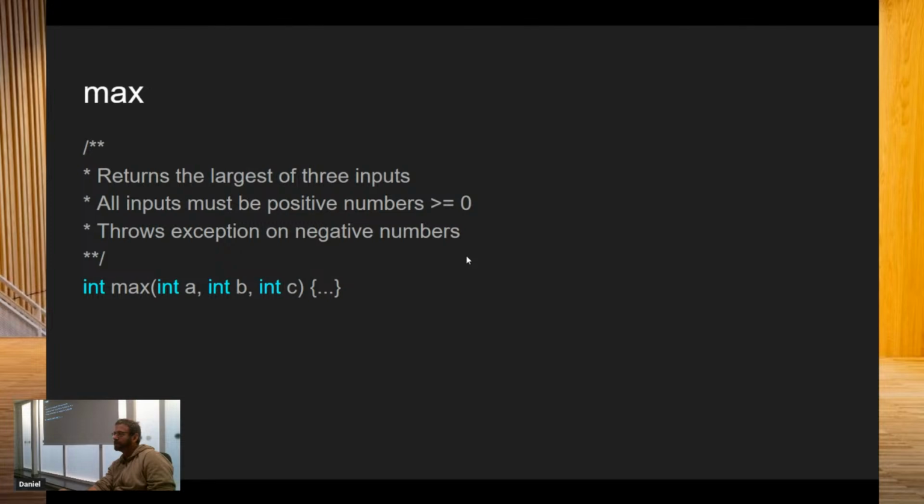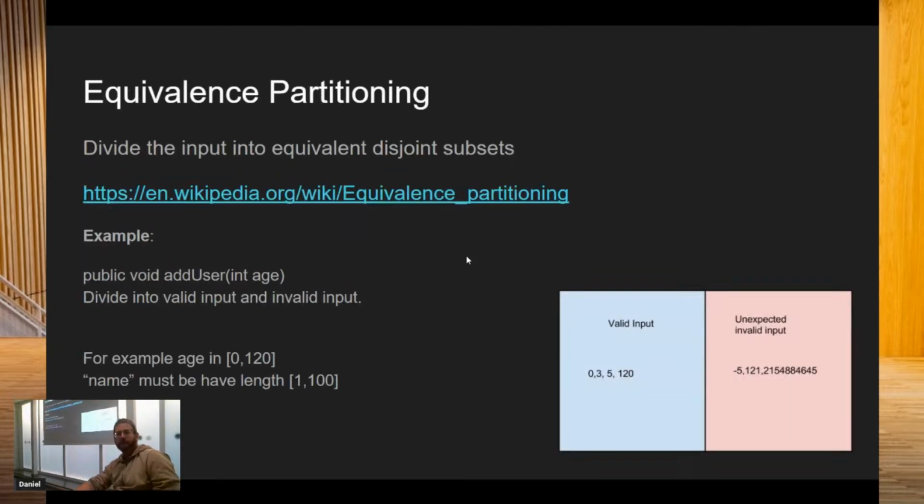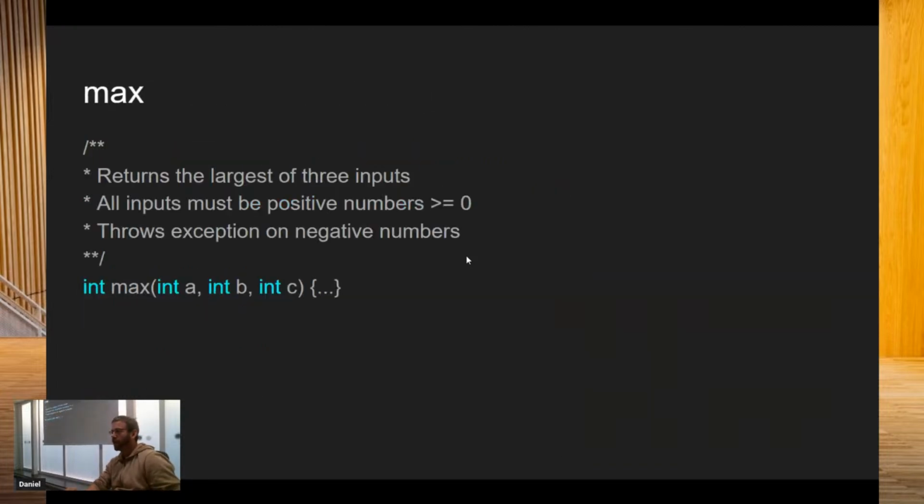Yeah? 1, 2, 3. So 1, 2, 3 is one test case, right? Well, what is the category, or the equivalent disjoint subset you're thinking about, or if you put an abstract name of the equivalent disjoint subset for 1, 2, 3? It's valid input, sure. So we could have a disjoint subset where we have valid input with one test case, 1, 2, 3.